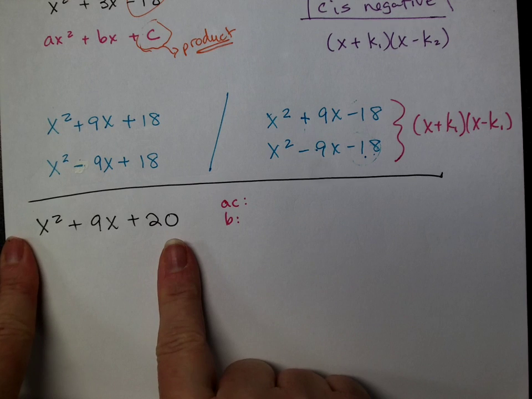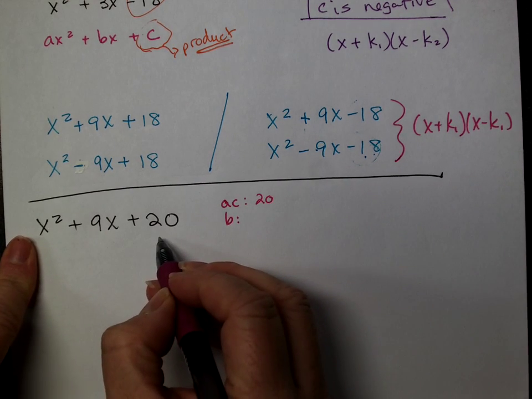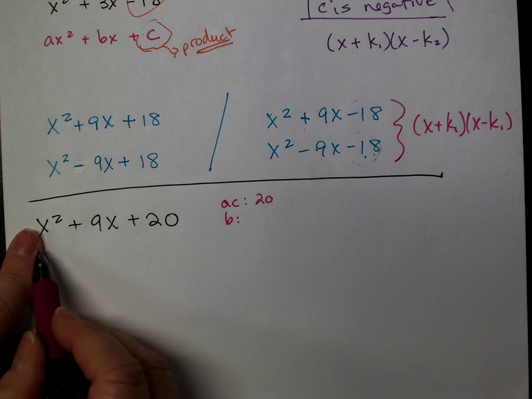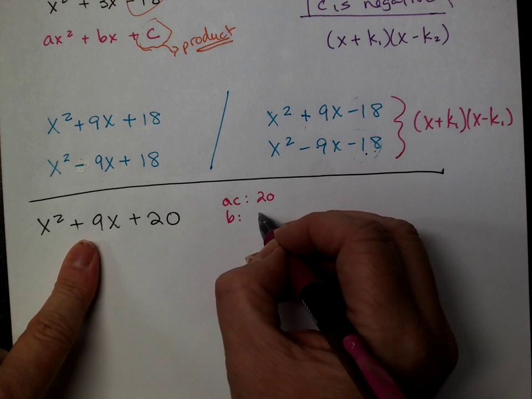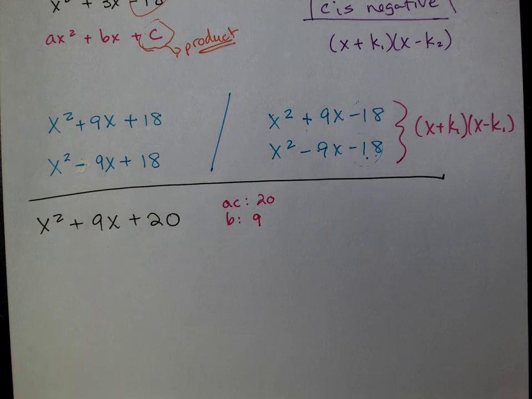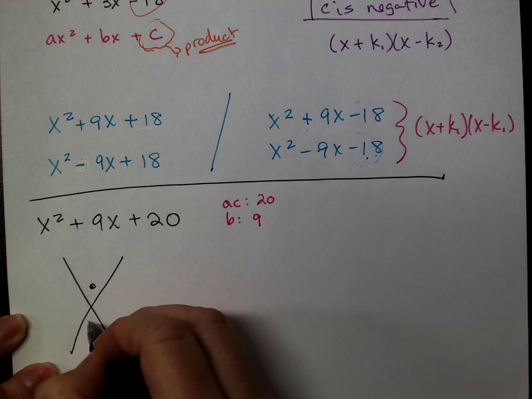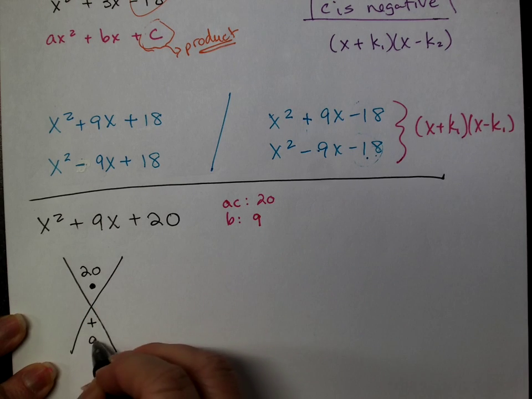So A times C, positive 20. If A equals 1, then your AC is just your C. If there was a different number here besides 1, then it would be this number times that. And B is positive 9. So I'm going to draw my X, and I've got my AC goes on top, and my B goes on the bottom.